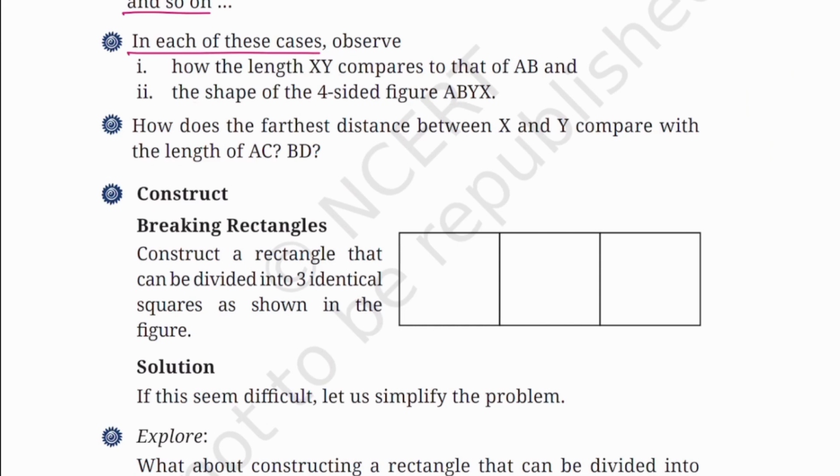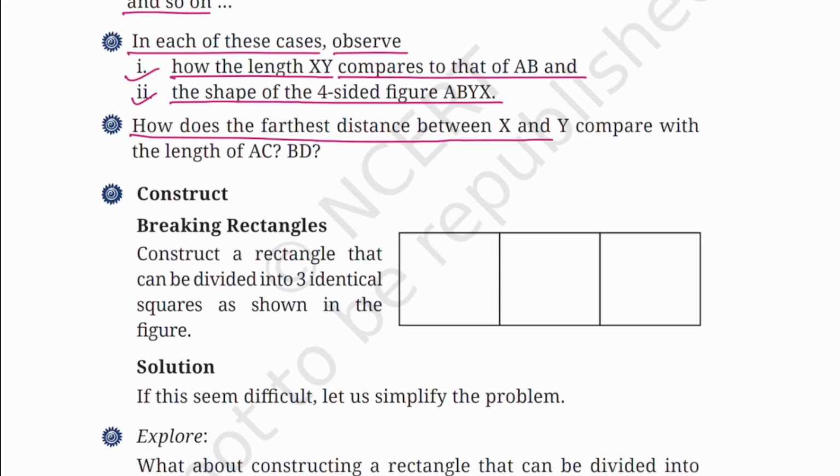In each of these cases, observe 1. How the length XY compares to that of AB, and 2. The shape of the four-sided figure ABYX. How does the farthest distance between X and Y compare with the length of AC and BD?